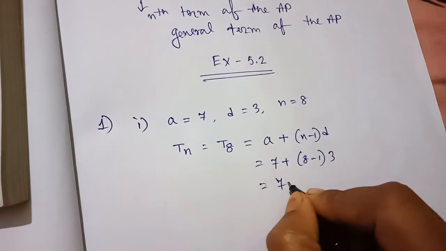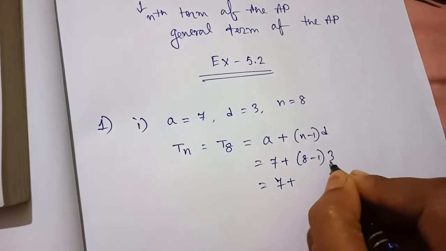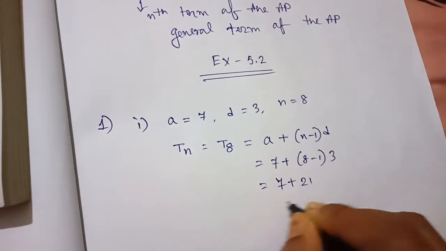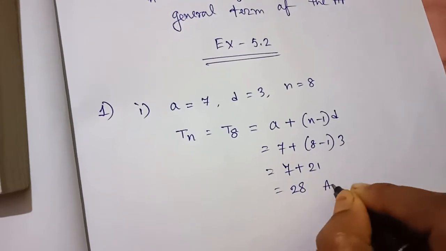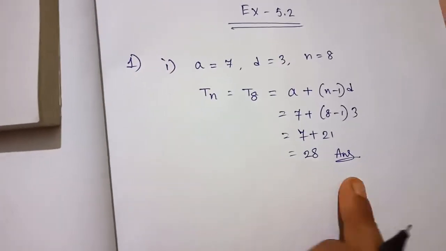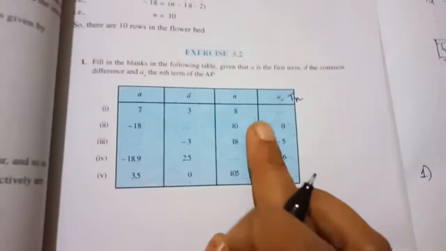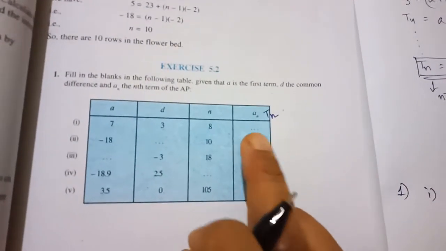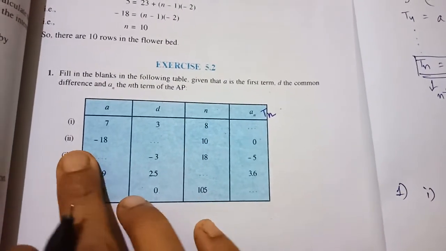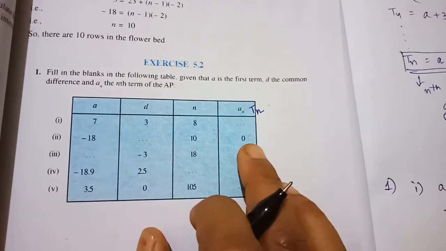After calculation we get 7 plus 7 into 3, which is 21, so 28. Final answer is 28. You can fill up the blank here with 28, but you have to show the process.